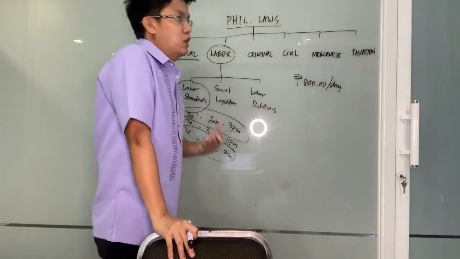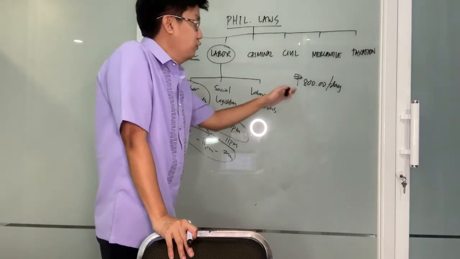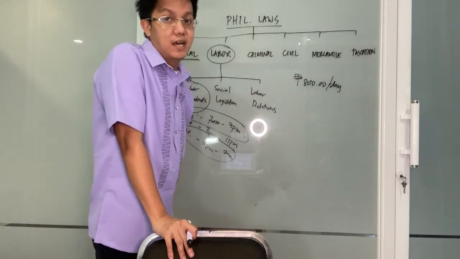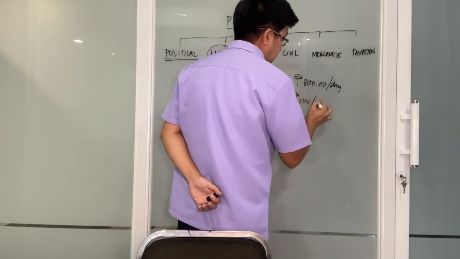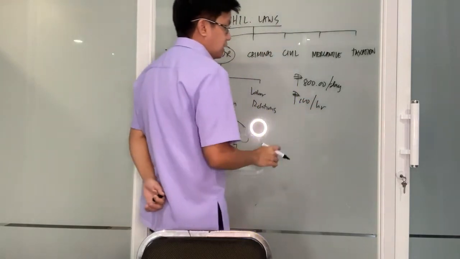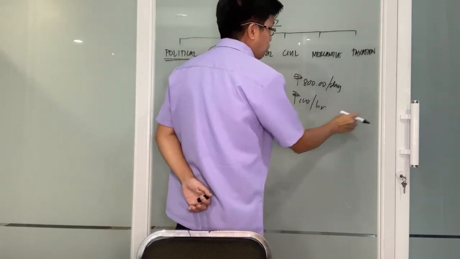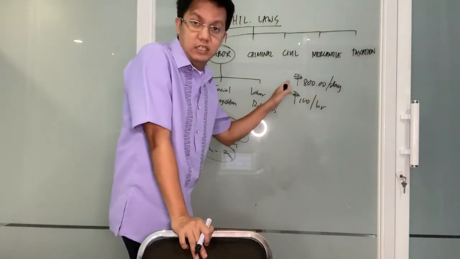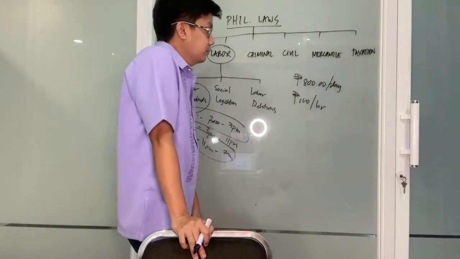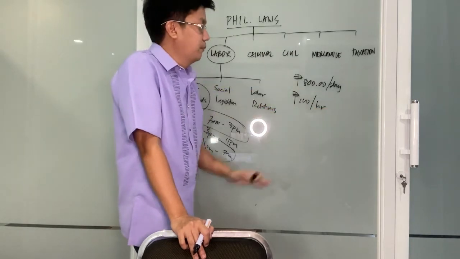So ang question ko ngayon will be, magkano yung per hour mo? Kung i-convert natin ito ng per hour, magkano kaya? That will be 100 pesos per hour. Kasi 100 times 8 hours, that will be 800 pesos, which constitutes a working day. Okay, or your working hours in that working day. So 100 pesos per hour yung sweldo mo in the example.